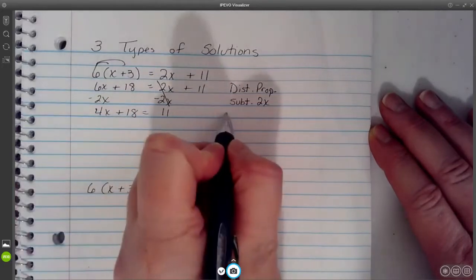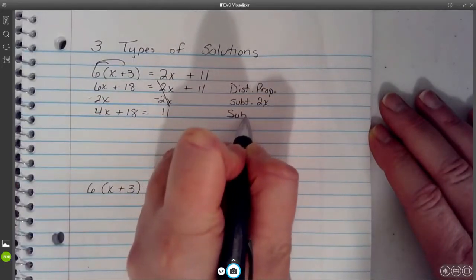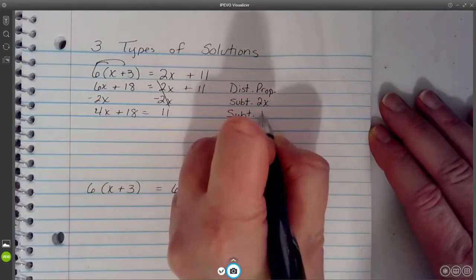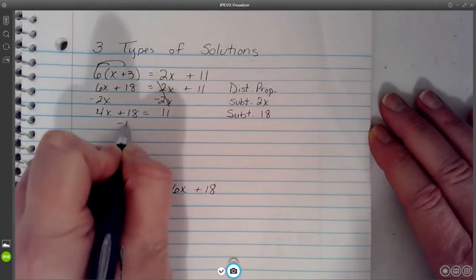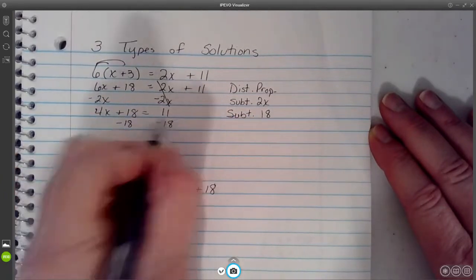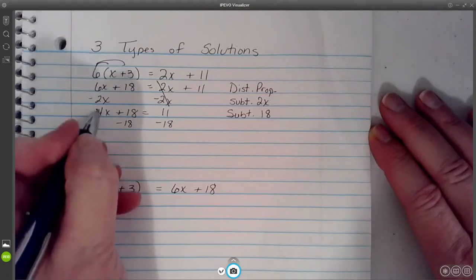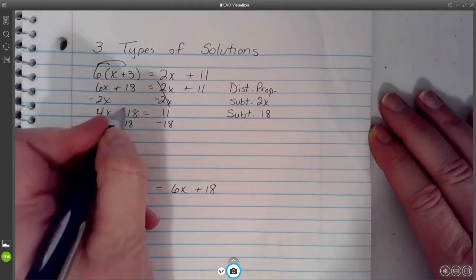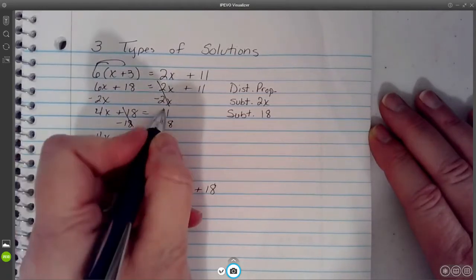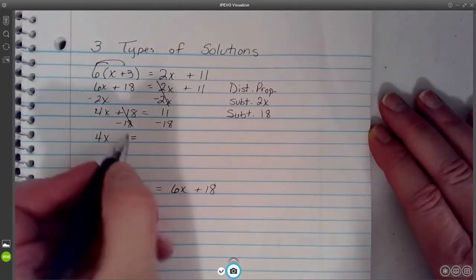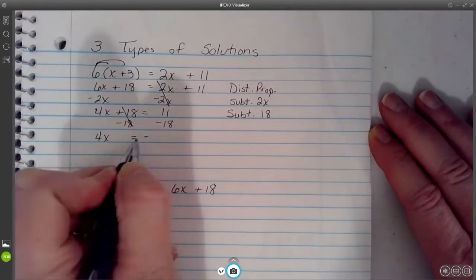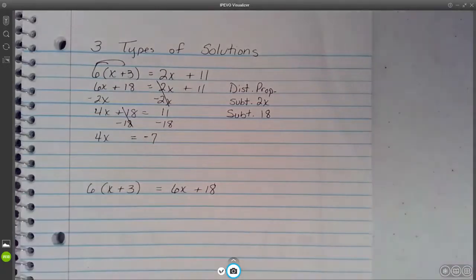Then the next thing I'm going to do is subtract the constant. So I'm going to subtract 18 on both sides so that I have the variable on the left and the constant on the right. 4x is still here. The 18s cancel. 11 minus 18, negative 7.